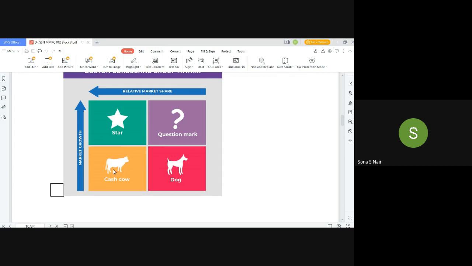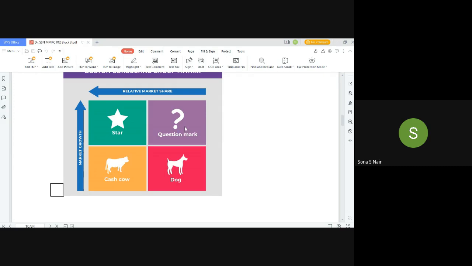What are cash cows? Cash cows are those firms which have a relatively high market share, but they are in an industry which is now matured and not growing that fast. That means they do not have to promote themselves that much. There are not many new entrants coming in, so they would be in a position to earn profit, right?